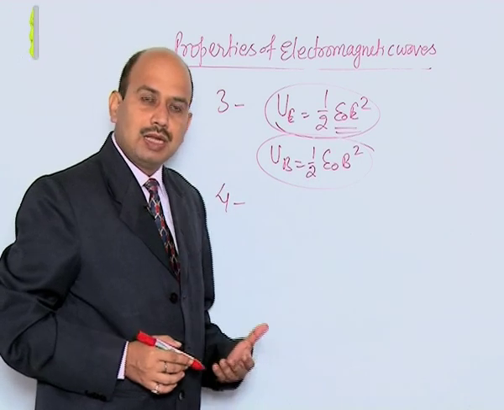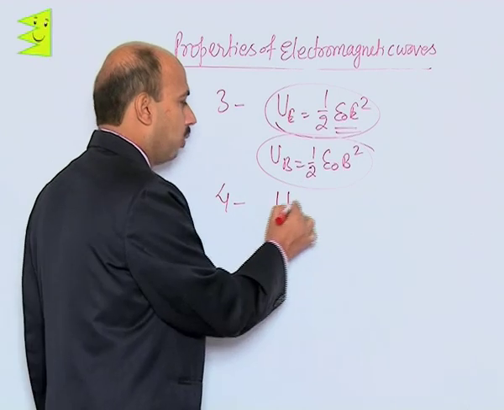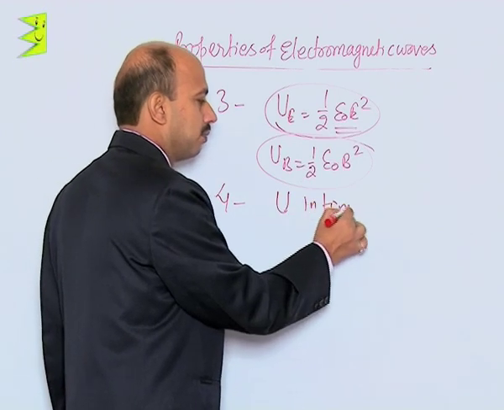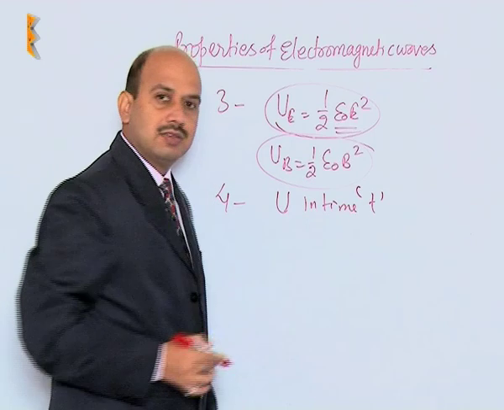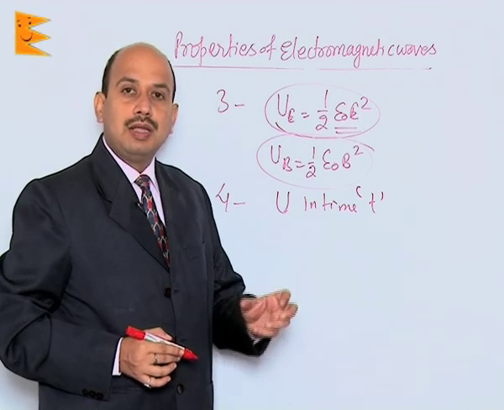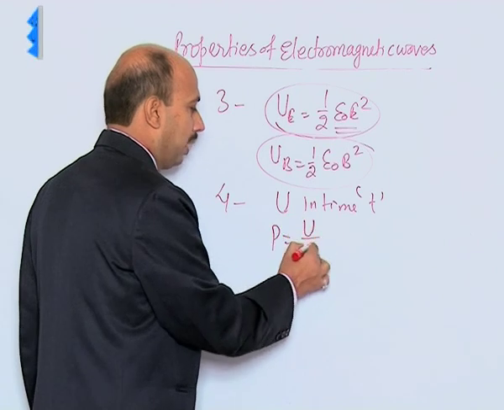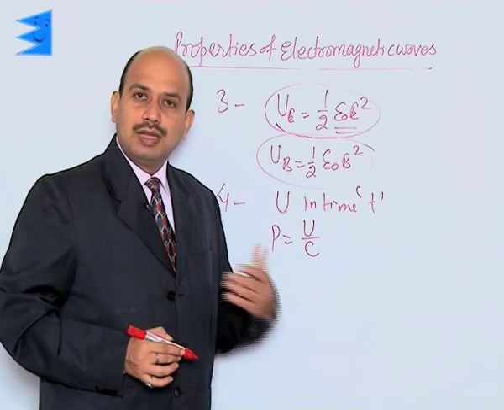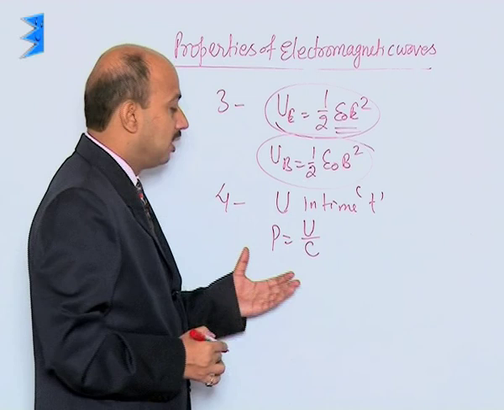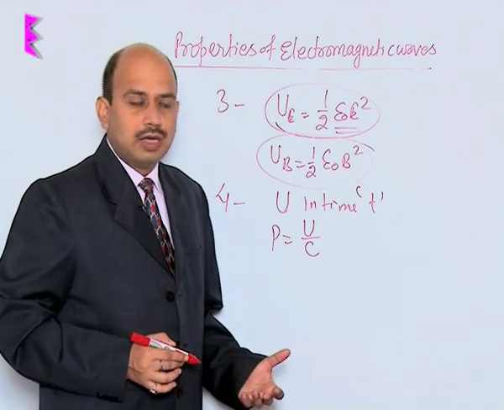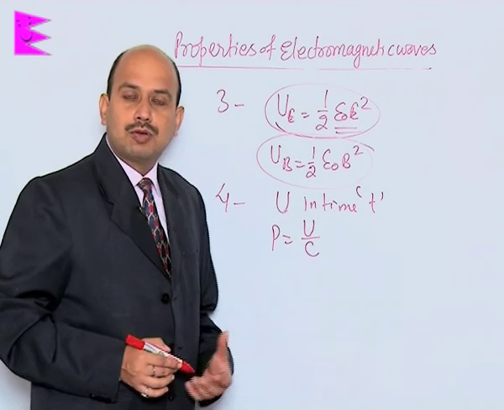Suppose electromagnetic waves are transferring energy u in time t to any surface and these waves are completely absorbed, then we can say the momentum transfer is equal to u by c. So, u is the total energy transferred in time t and c is the speed of light in vacuum. So, these are some properties of electromagnetic waves.